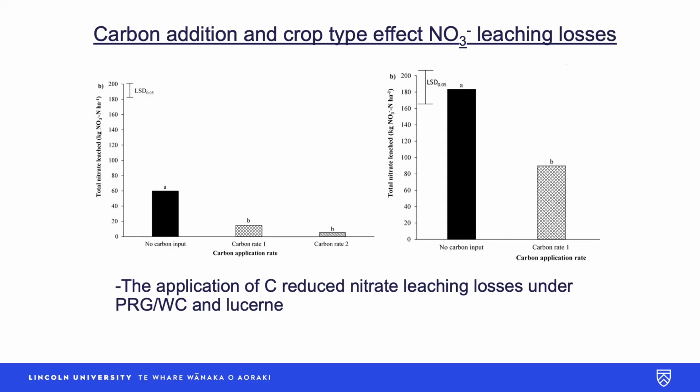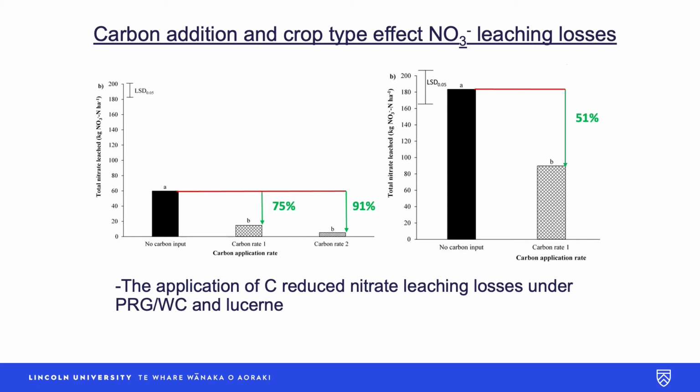And so we saw carbon addition and crop type affected nitrogen leaching losses. The application of carbon reduced nitrate leaching under perennial ryegrass white clover and lucerne. Under ryegrass white clover we saw a 75% reduction in nitrogen leaching when we applied 12 tonnes of sucrose per hectare, and 91% for the 24 tonnes of sucrose per hectare treatment.